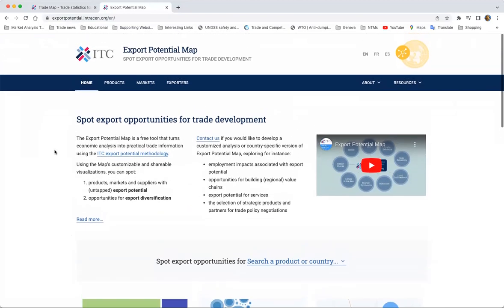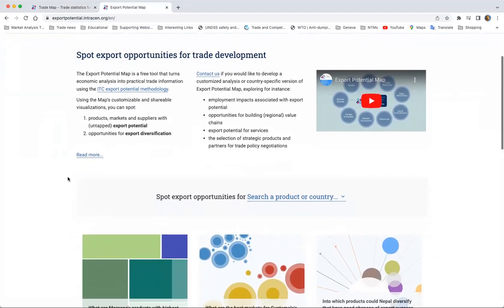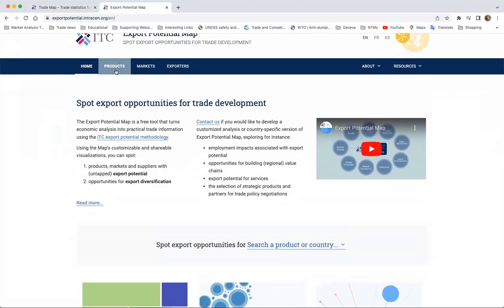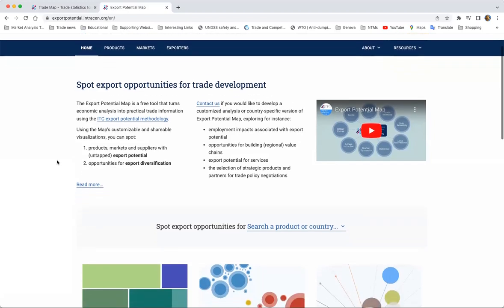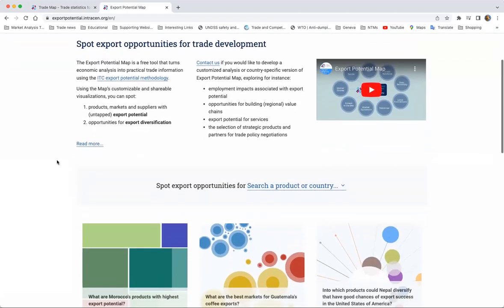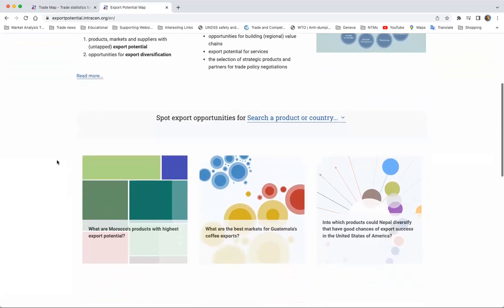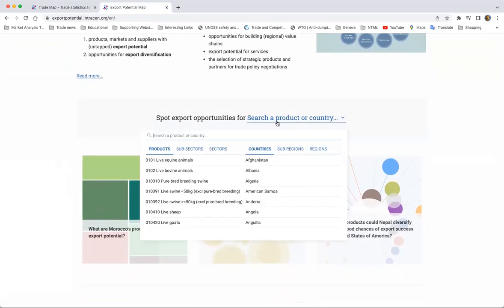So this is our homepage. If we scroll down, we have some information, and we can go directly into products, markets, or exporters. But if we scroll down further, we can fill out what we are interested in, and we will receive a guide from there.